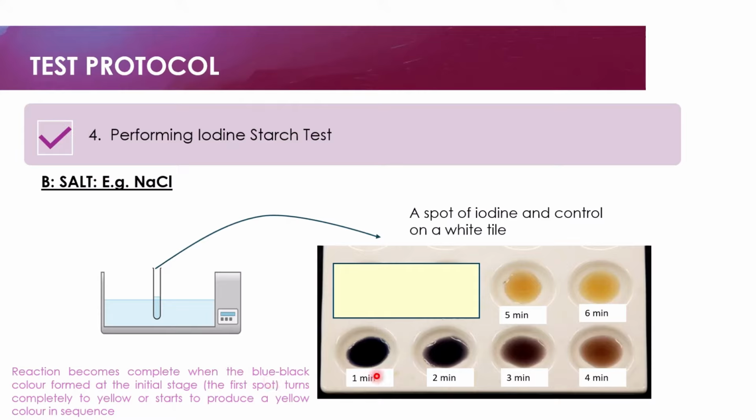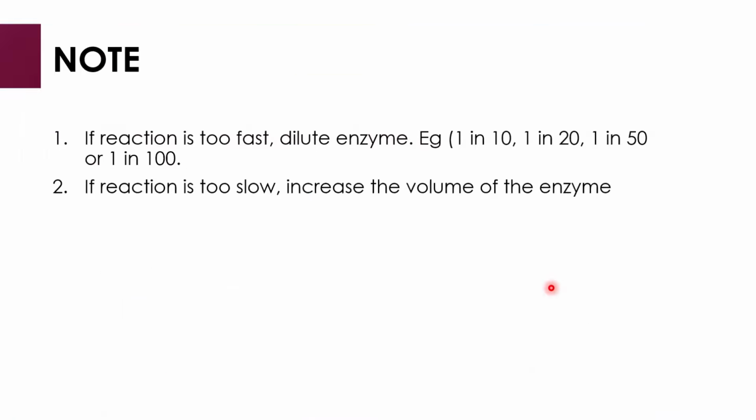The reaction still becomes complete when the blue-black color formed at the initial stage turns completely to yellow or starts to produce a yellow color in sequence. So from this test result, we can see that the reaction is complete at 5 minutes for our salt, sodium chloride.